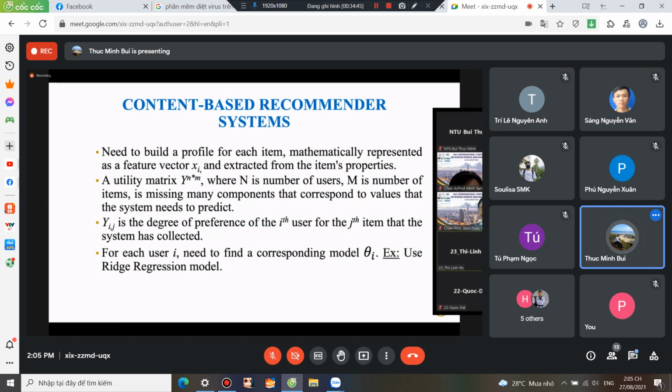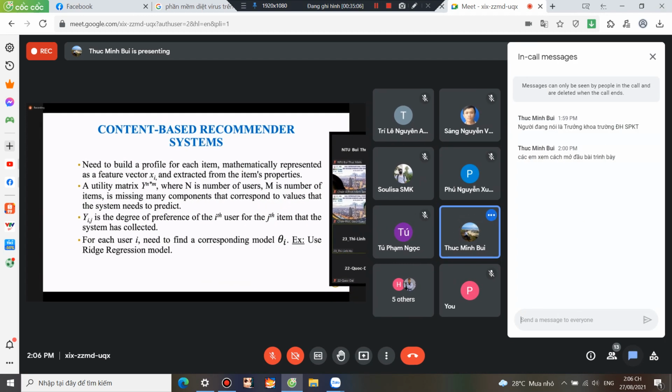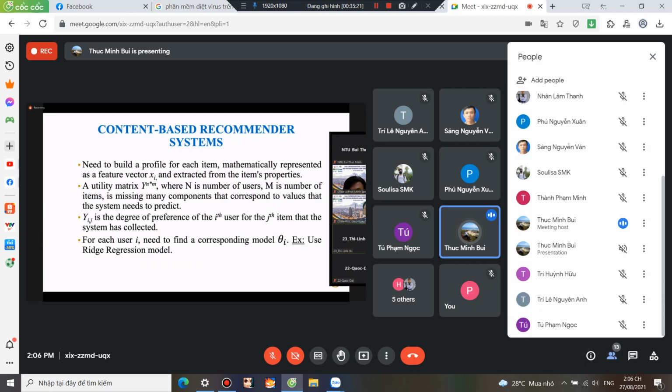So briefly, the steps to build a content-based recommender system include: we need to build a profile for each item, mathematically presented as a feature vector xi and extracted from the item's properties. A utility matrix Y with dimension n by m, where n is the number of users and m is the number of items, is missing many components, which are the values that the system needs to predict.